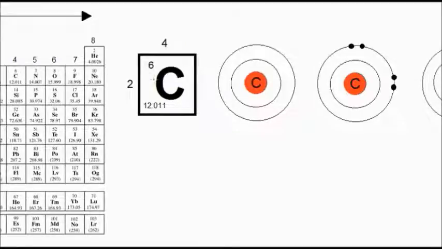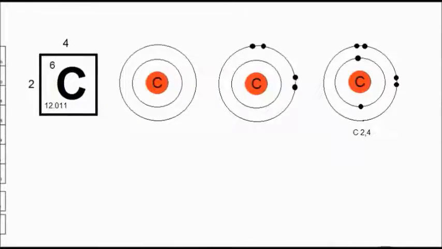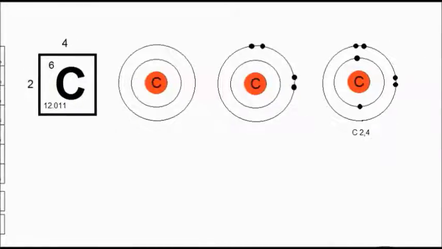Okay, now this 6 comes in handy, the atomic number. The 6 means how many electrons the atom has, like I said before. So if the last shell has 4, the first one is definitely going to have 2 to add up and make 6 electrons. And this is the rule.